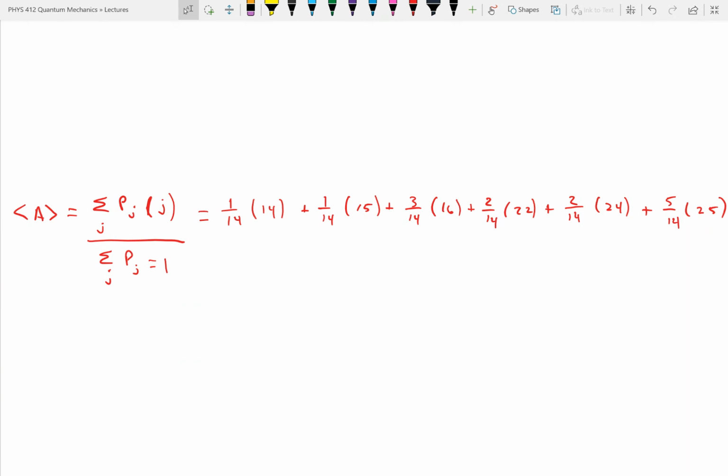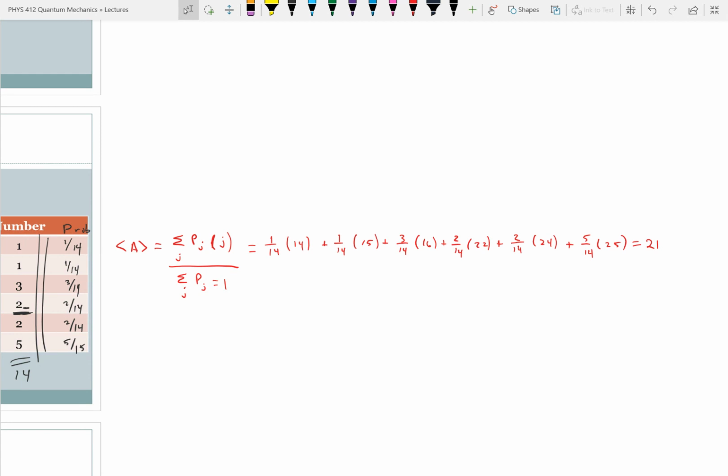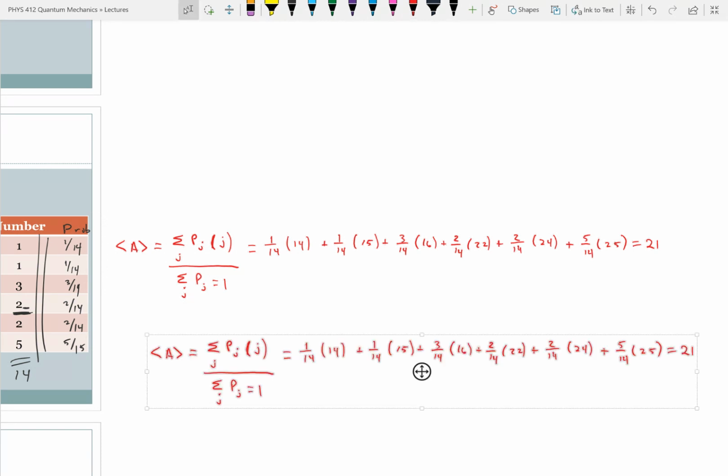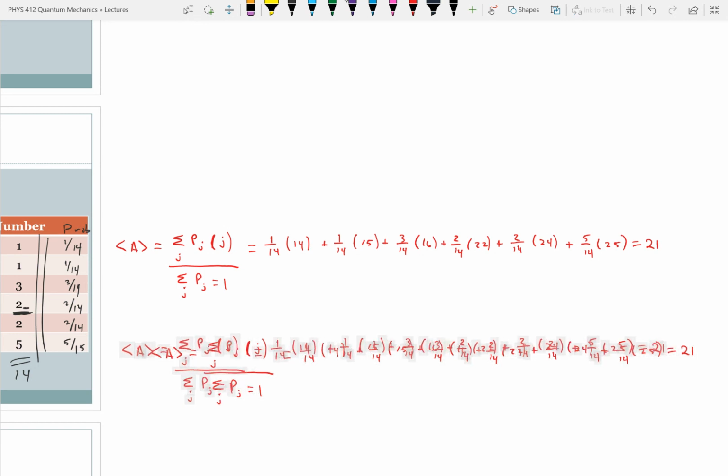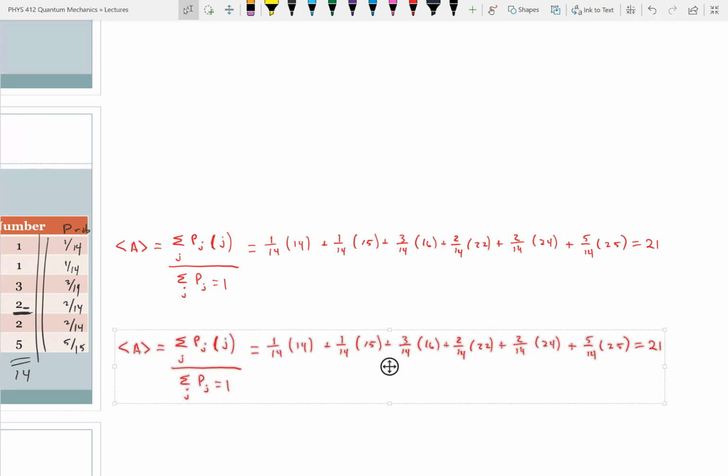Now I'm going to copy this to save us some time. And I'm going to do the same thing, except I'm going to now calculate the expectation value for age squared. So instead of age, it's going to be age squared.